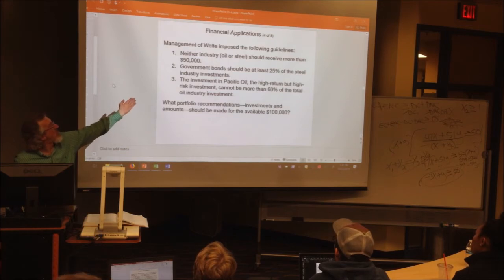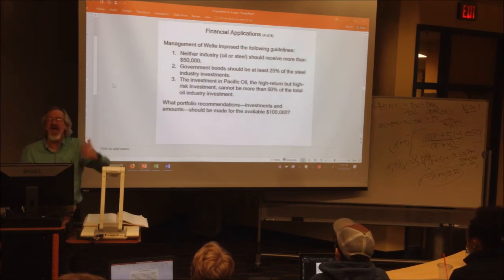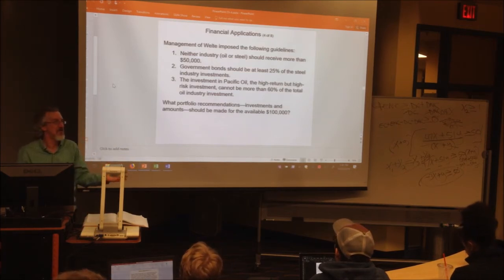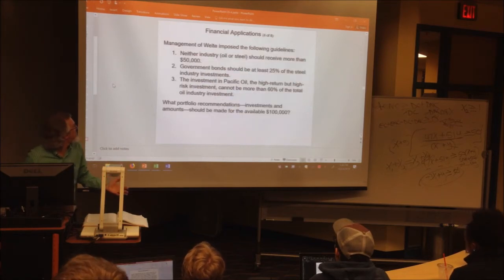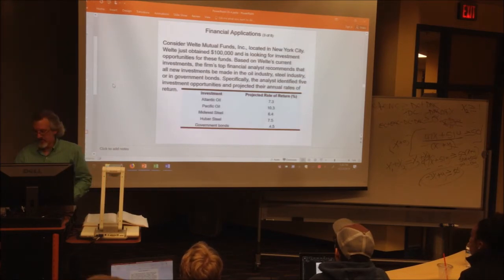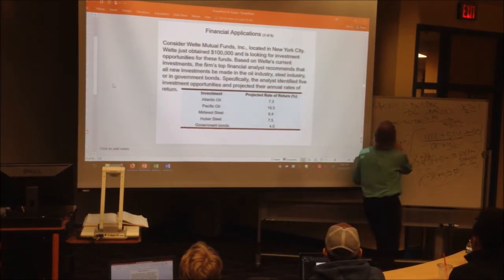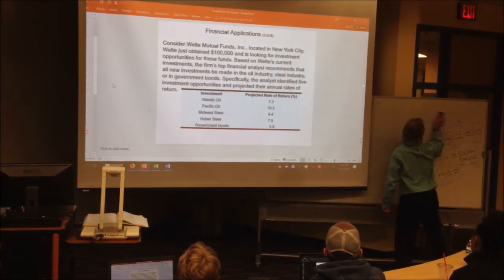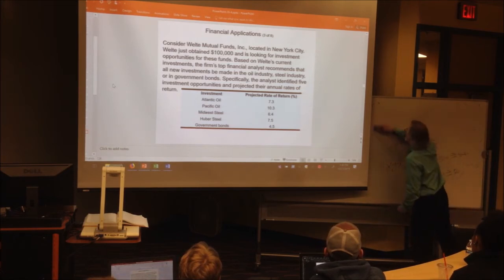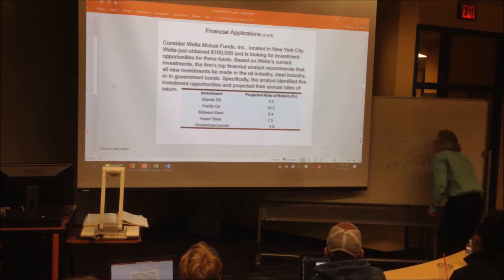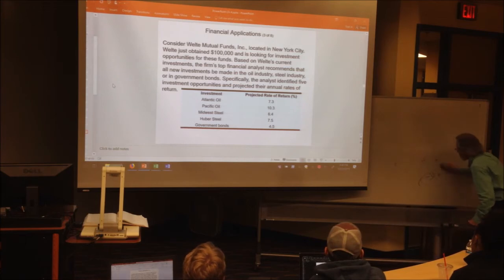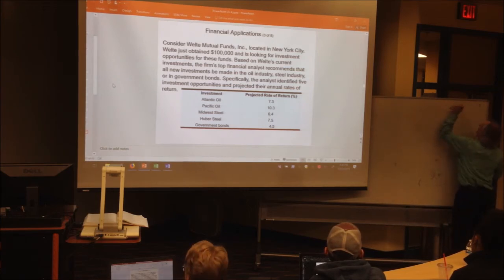So they're saying we don't want oil or steel to receive more than half the money, $50,000. Let me see what variables we're using. Let's talk about it. We don't want oil or steel to have more than $50,000 invested. Less than or equal, greater than or equal, or equal to 50,000? Less than or equal. All right.